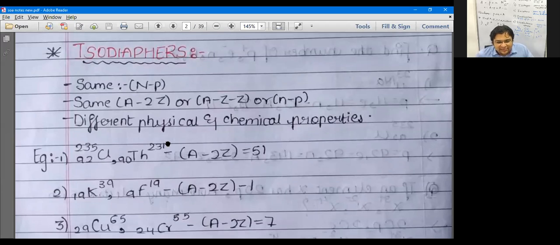Same difference: N minus P should be the same, neutrons minus protons. Can I say neutrons is A minus Z? Hence A minus Z minus Z, which is nothing but A minus 2Z.